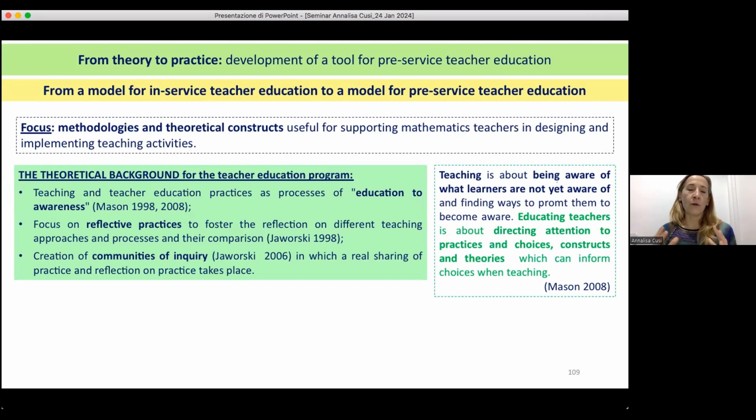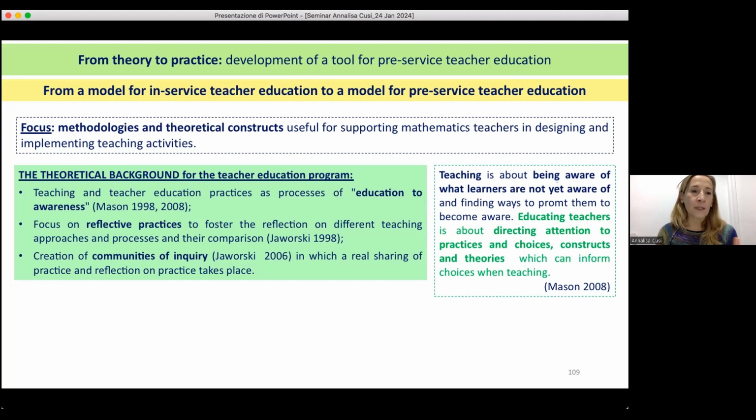The focus of the programs, of the activities designed for teacher education, in my case, was on the introduction of methodologies and theoretical constructs useful for supporting teachers in designing and implementing teaching activities.